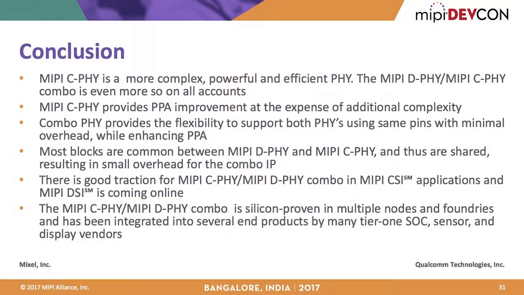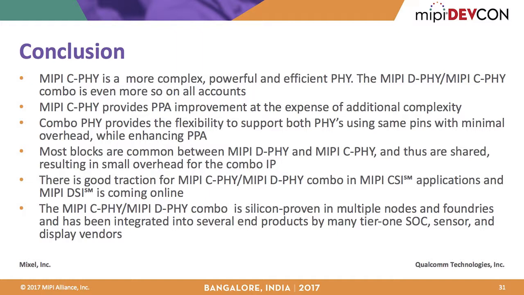So in conclusion, the C-PHY is a very powerful but complex IP subsystem, right? The price you pay is the complexity. You pay a little bit of price in terms of area, but then you get the benefit of power reduction and efficiency.